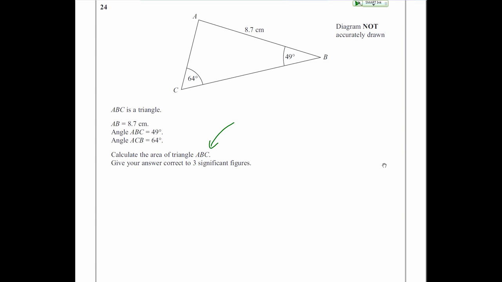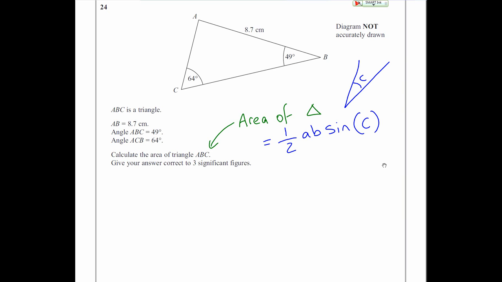Okay, I think you get the formula for the area of a triangle in front of your exam. It's a half ab sine C, where C is an angle and you know the two other lengths. Not just any two of the lengths, the other lengths either side of the angle.